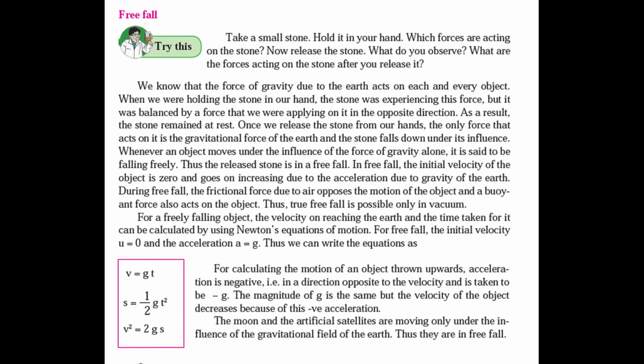The stone released from the hand just falls freely. In the free fall, the initial velocity is zero because it's in the hand. And as the stone approaches the earth, the acceleration and the velocity go on increasing. The frictional force due to air opposes the fall.